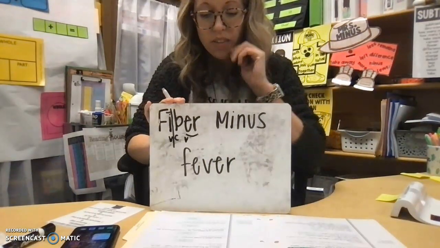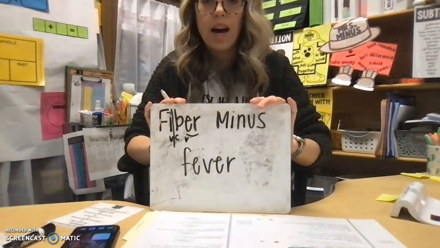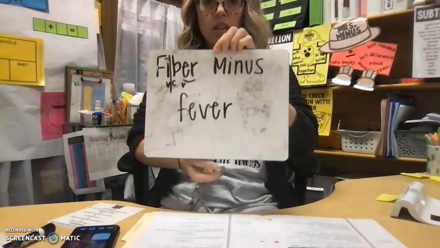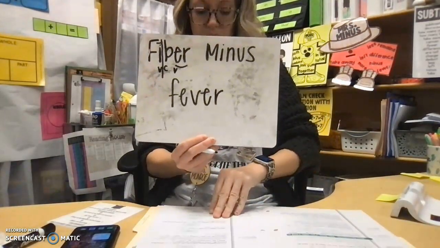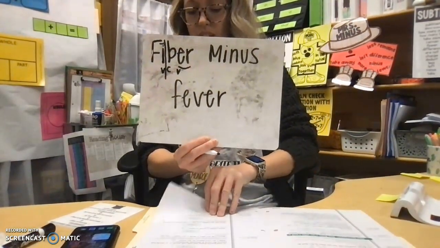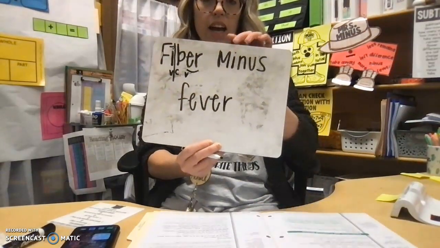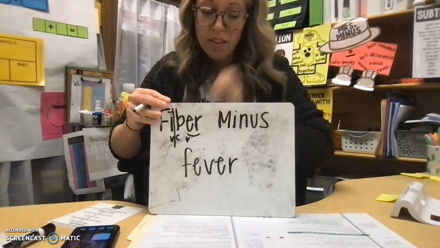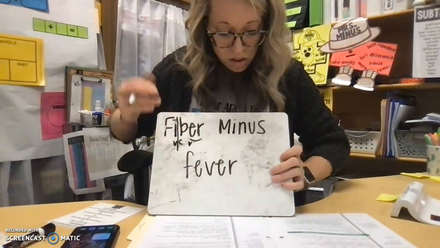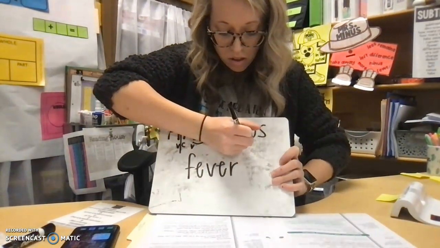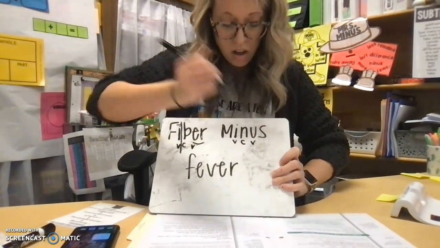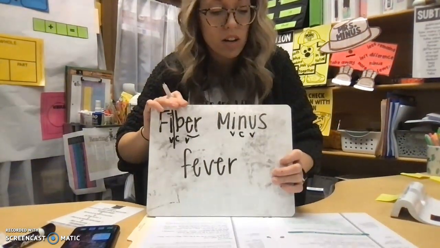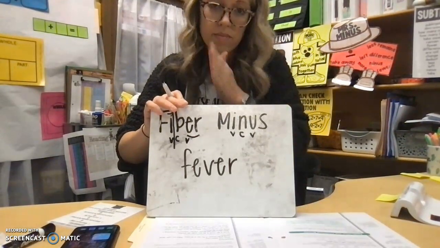All right, let's look at this next word. Minus. Do you see any obvious codes or anything like that in the word minus? Yeah, I only see vowels. I don't see any suffixes. I don't see any digraphs or anything like that. So we're just going to go ahead and do our vowel pattern. Now let's go ahead and label our vowels. Awesome. Now, where do we code our syllable division line?